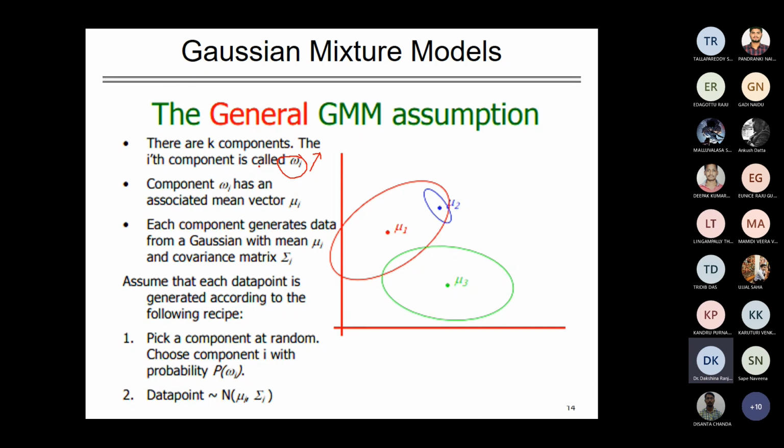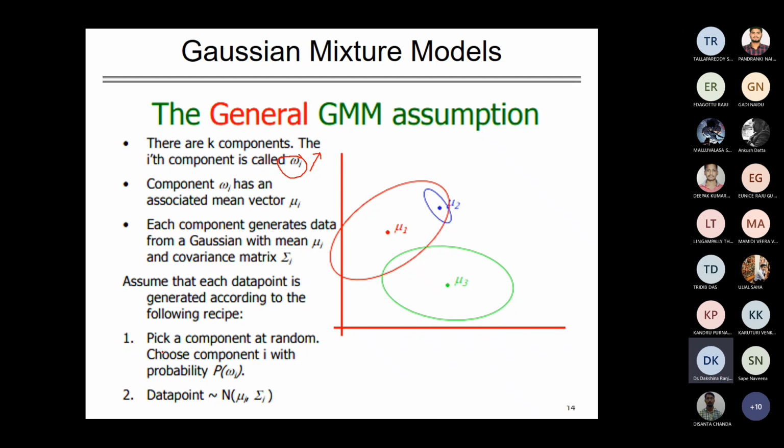As we are talking about k components, here we have three components, each with a mean and covariance matrix. Around these three centroids, we define the density.